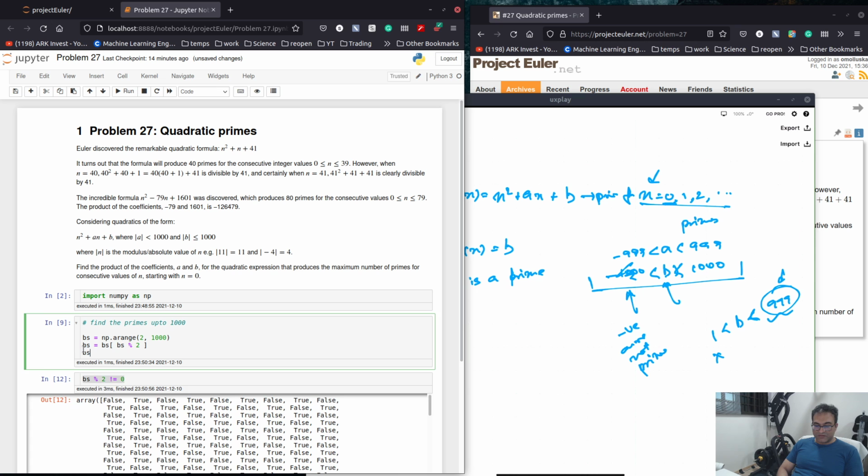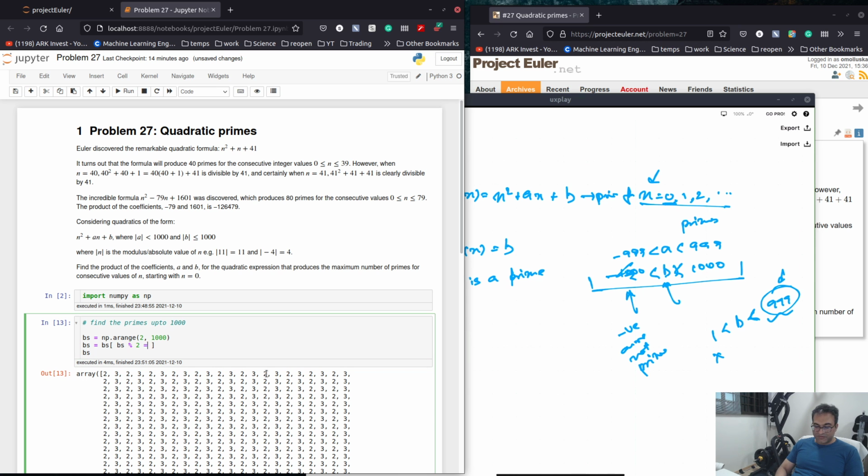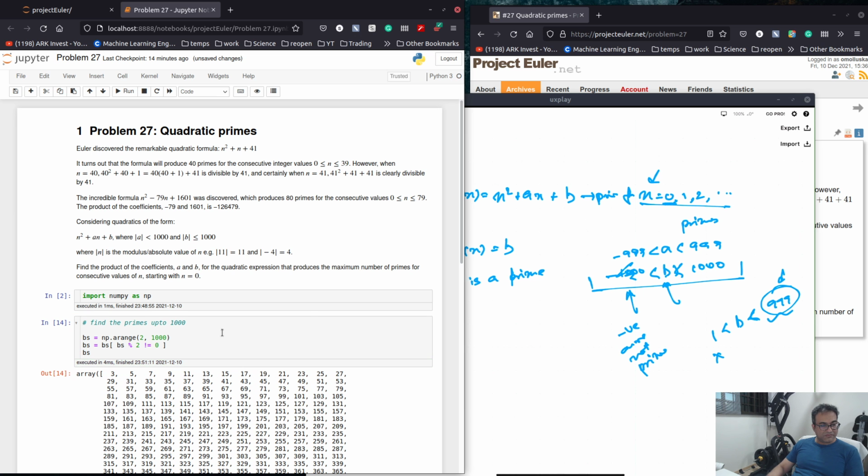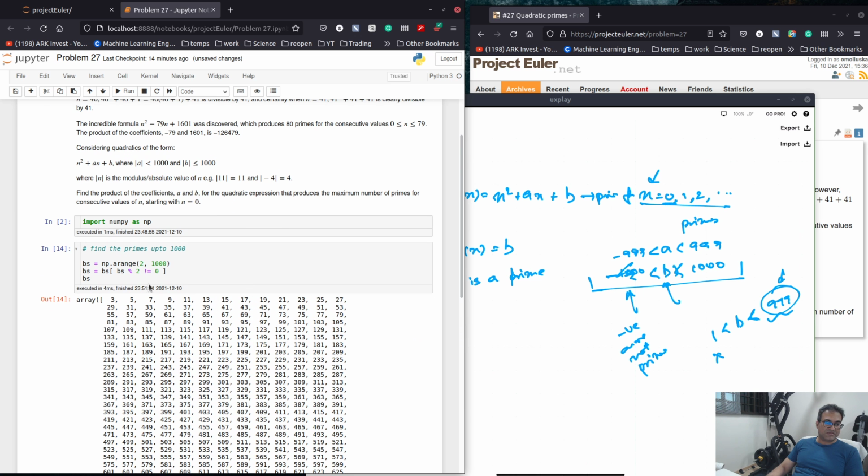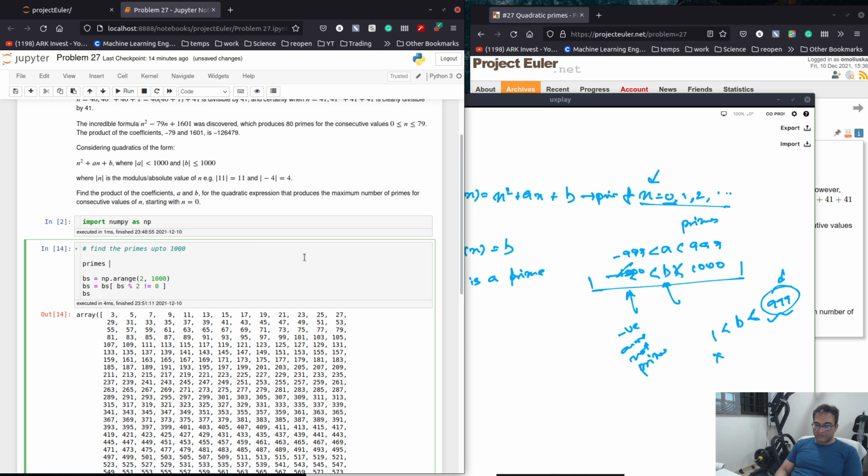If we have this, we say bs, not equal to 0. So we have eliminated the even numbers, and then we continue. While the length of bs is greater than 0, we will continue doing this.